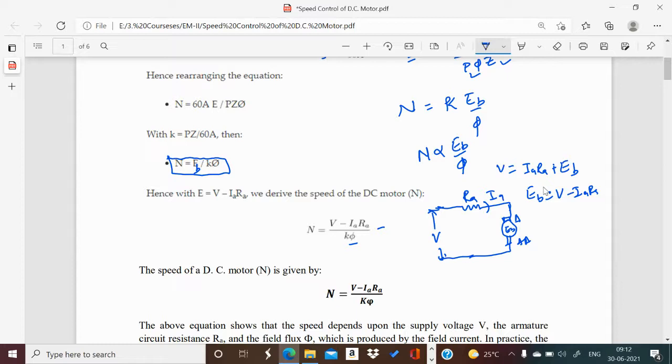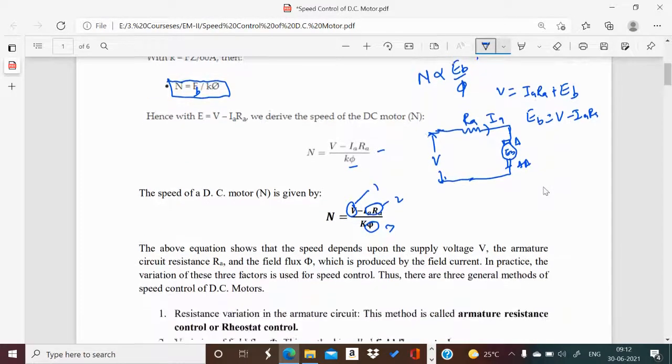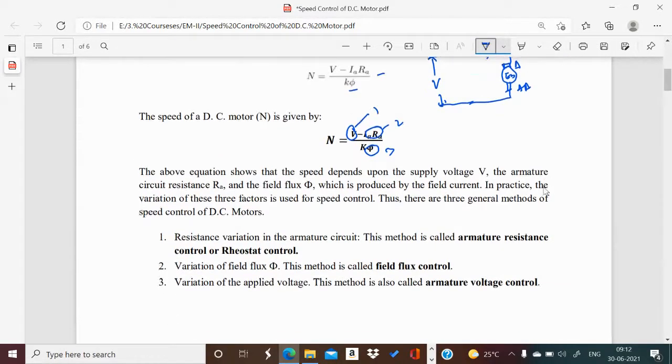That means our speed can be changed. There are three parameters on which speed depends, when the other is constant. Speed can be changed by changing the input supply, by changing the armature drop, or by changing the flux: 1, 2 and 3. So for any motor, speed can be changed by resistance variation in the armature circuit, that is RA, and this method is called armature resistance control or rheostat control.